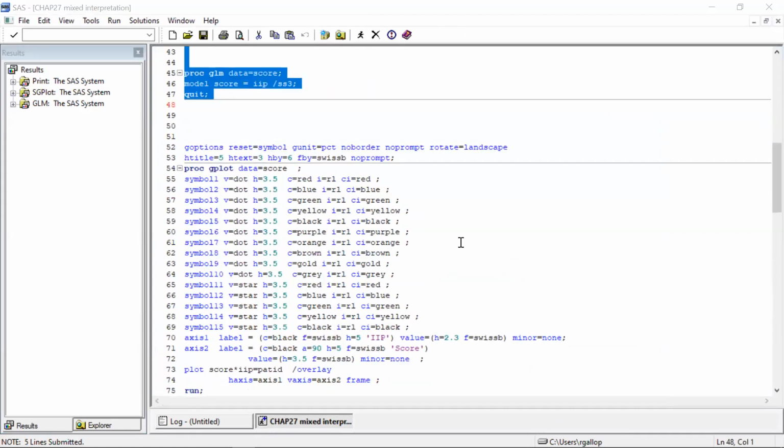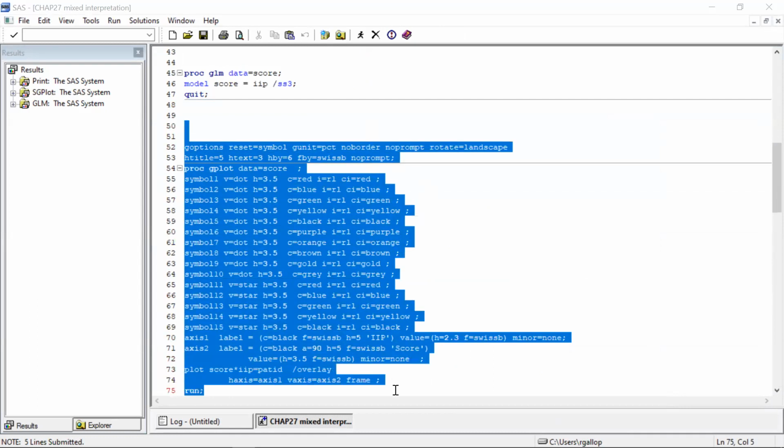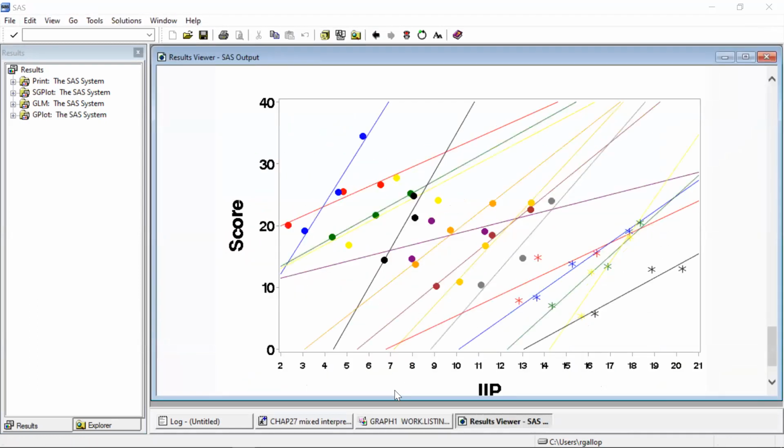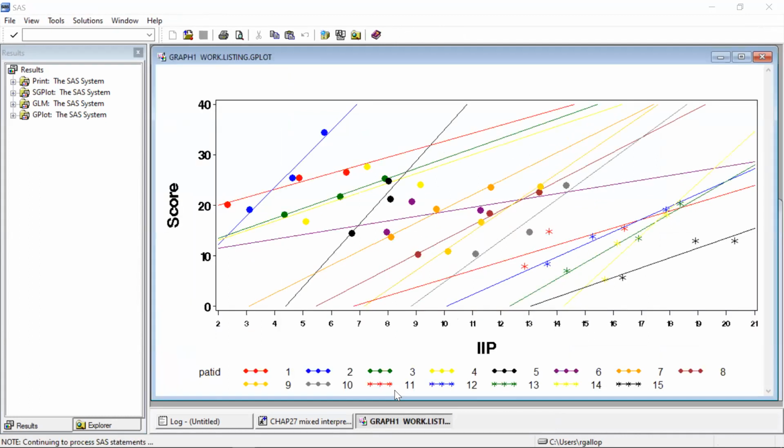But I'm going to show you with GPLOT what's really going on with this data. What you don't see is that the data consists of 3 repeated measures per person. The individual lines you see here are the individual regression lines for the 15 individual patients, where we're looking within each patient at the relationship of IIP and depression.